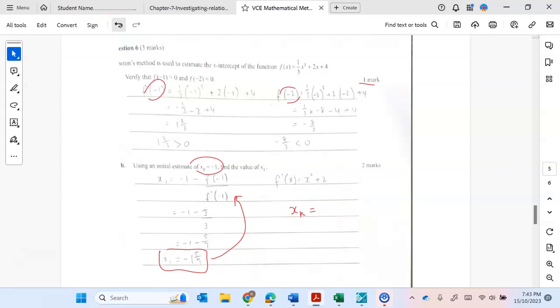Okay, xn minus f of xn over the derivative, and you can see I've calculated the derivative here. Oh, no, I did do that correctly, sorry. That should be plus 1. There we go. So x1, and then we're substituting x0. Sorry, there's too many ones.